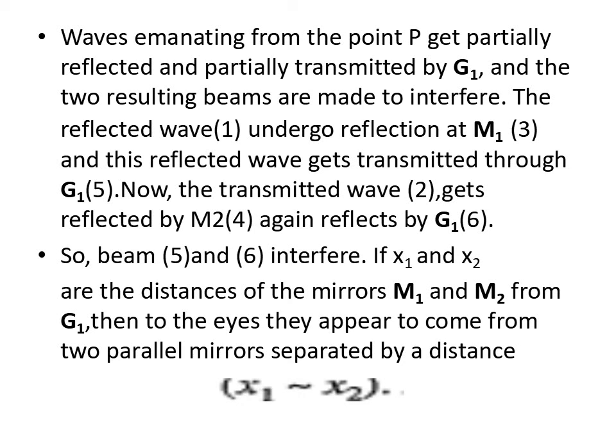So in the figure, the beams represented by 5 and 6 will be interfering, and if x1 and x2 are the distances of the mirrors M1 and M2 from G1, then to the eyes they appear to come from two parallel mirrors separated by a distance x1 minus x2, right?